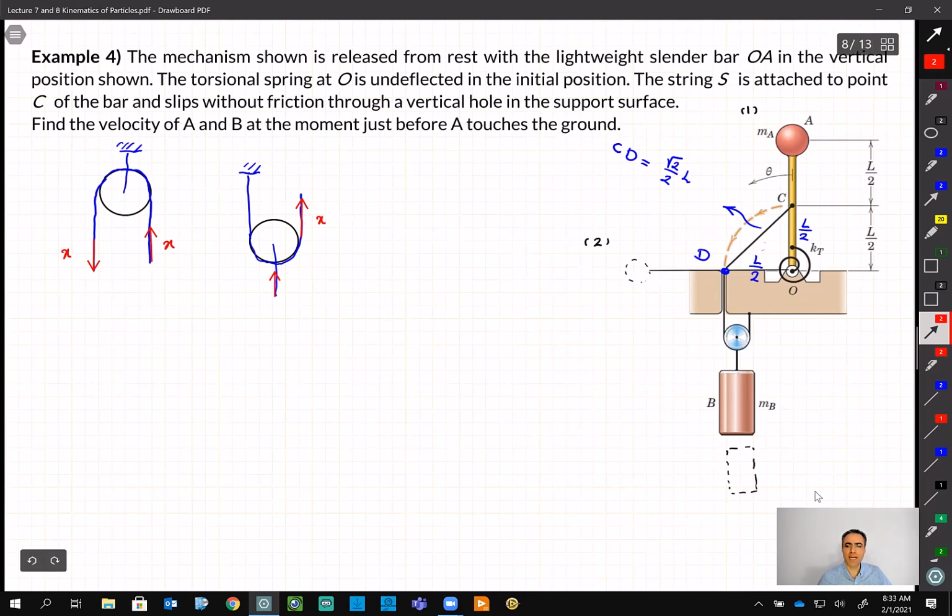You can type it in the chat. Yep, X divided by 2, exactly. If this thing moved by X, this one is going to be X over 2.